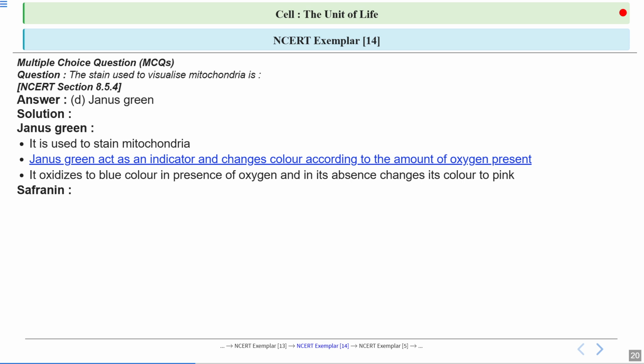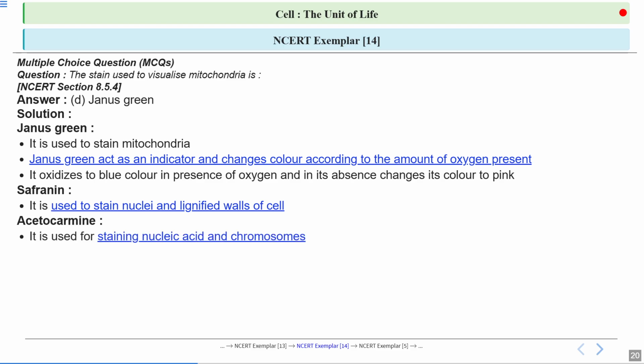Safranin, because this is again one of the options. It is used to stain nuclei and lignified walls of the cell. There are many structures that have lignin deposited in them. So if you want to visualize that, then you have to use this safranin solution. Acetocarmine is used for staining the nucleic acid and the chromosome.